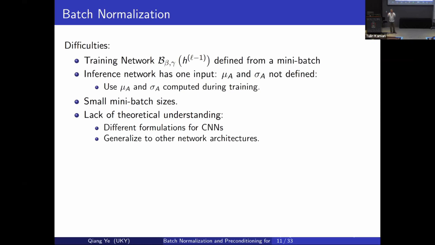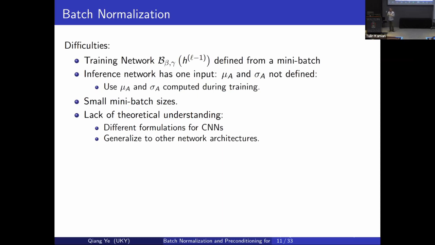You have to have a mini batch fed into the network to be able to define the batch norm operator. If you have only a single input to the network, there's no mean or variance to talk about. So it's necessary to have a mini batch input. That's done during training.